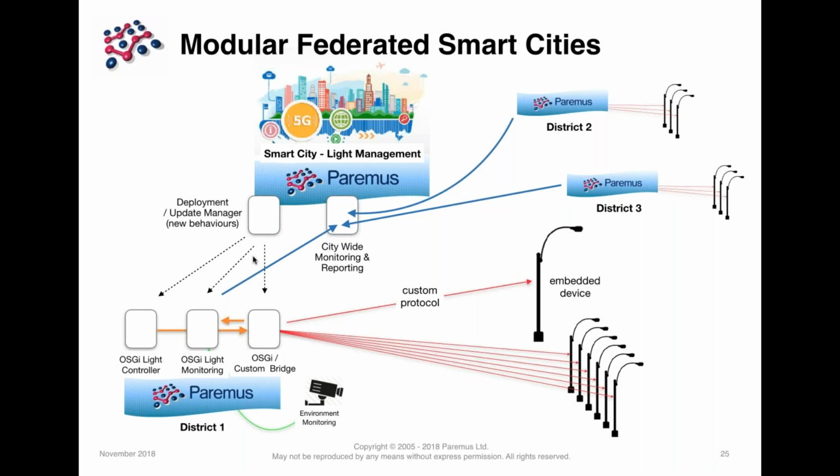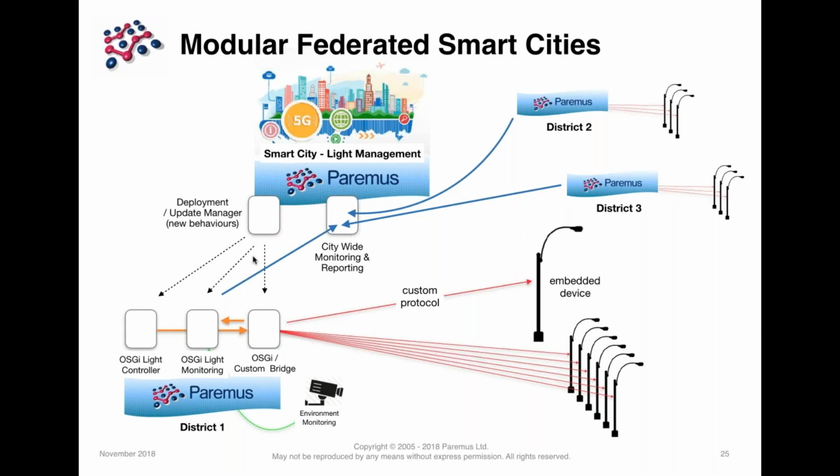So in this case, we've got a streetlight system. The streetlights have embedded software, they're non-Java, custom protocol, but they're managed, each district managed by its own district fabric. And we can see here that the fabric in District 1 is responsible for the streetlights there, as well as monitoring light levels in that environment.